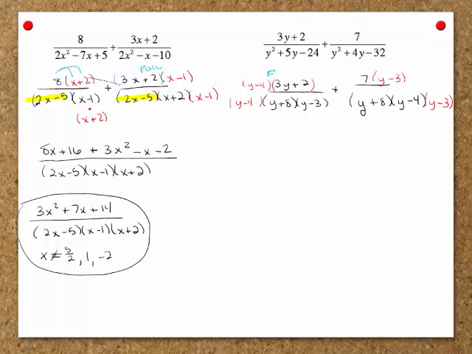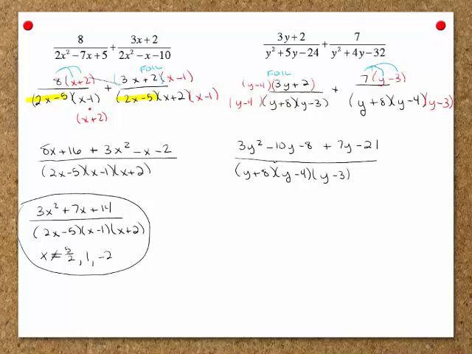I will FOIL and distribute 7 times y and 7 times negative 3. And that will give me 3y squared minus 10y minus 8 plus 7y minus 21 over y plus 8 times y minus 4 times y minus 3.